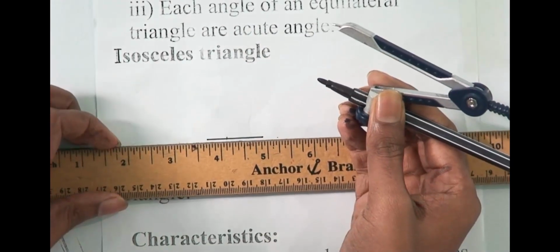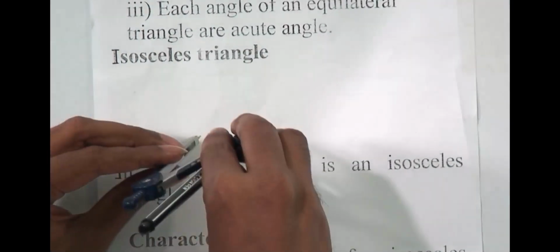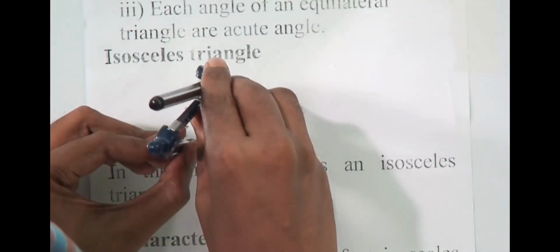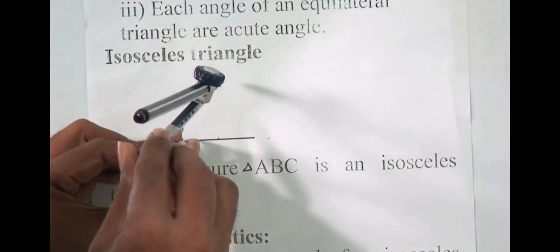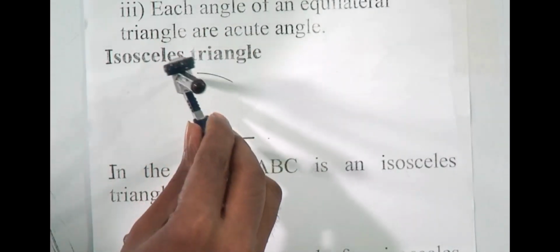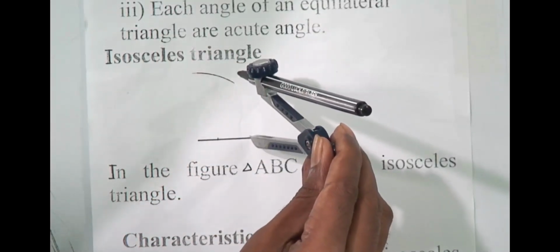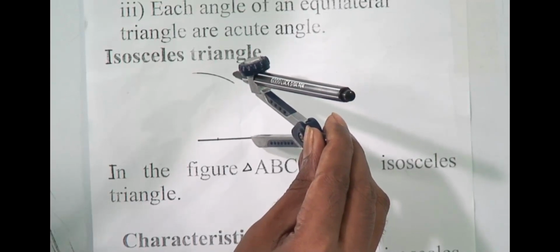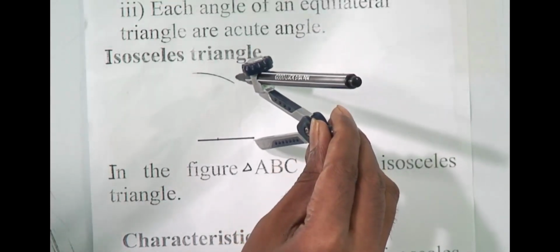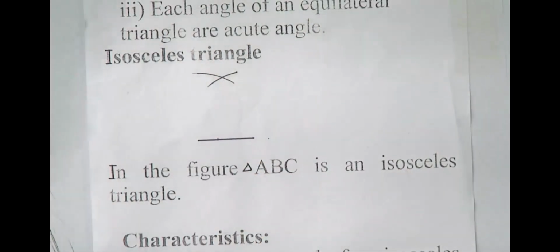Okay, you draw a line segment. Then look, you see... okay, now you have to join this.